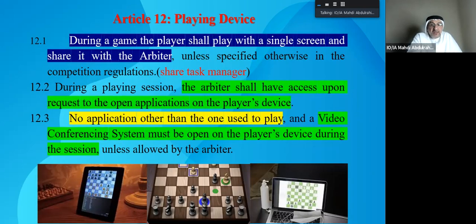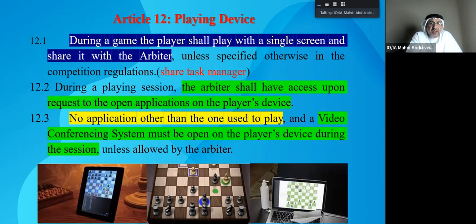During the game, the player shall play with a single screen and share it with the arbiter, unless specified otherwise in the competition regulations. Share the task manager. Why are we not using mobile? Because you cannot share the screen with a mobile.